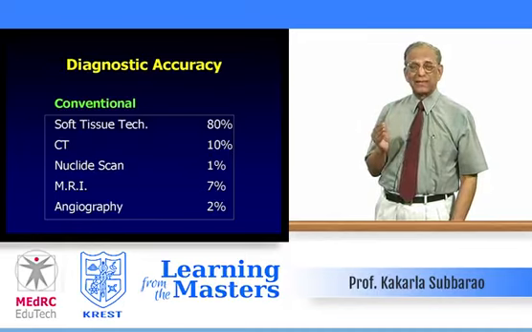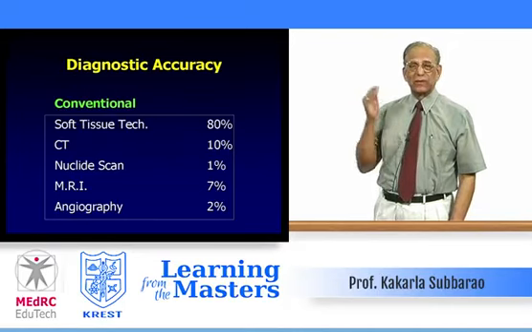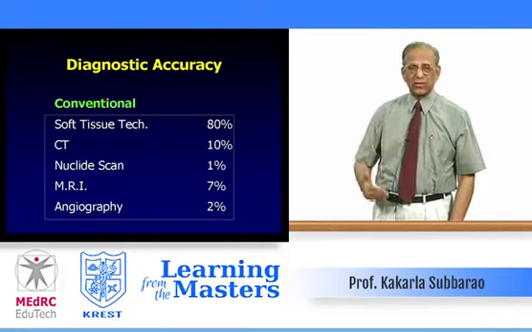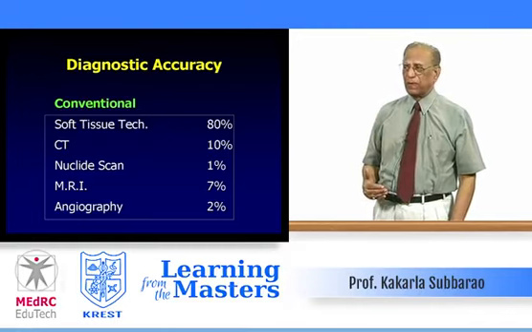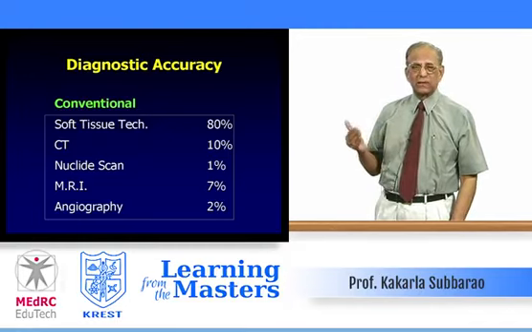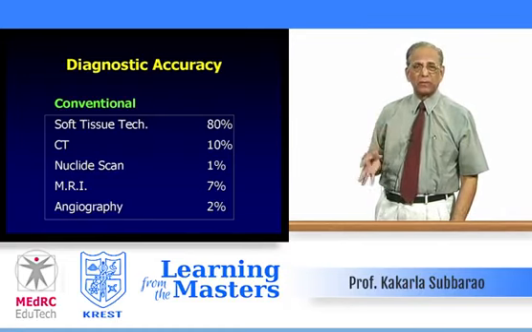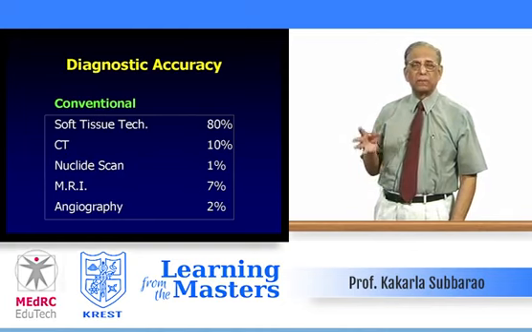Whereas CT adds 10%. You see, the plain films may not show calcification, early calcification, whereas CT is sensitive to early calcification. Not only that, CT adds a cross-sectional view of the pathology of the bone. Nuclear scan, as we said earlier, is highly sensitive for any new bone or reparative bone or malignant bone.